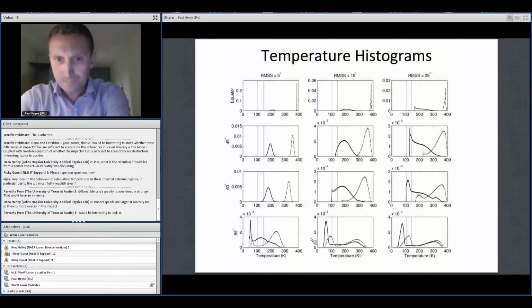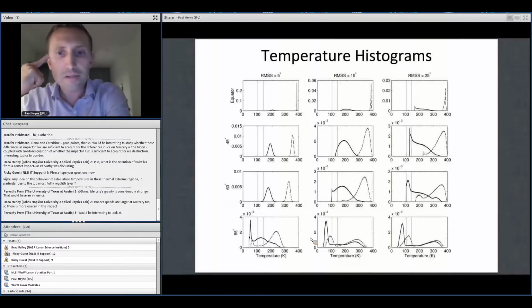And what's shown here are the annual maximum temperatures, and that's the dashed lines, and the solid lines are the annual mean temperatures. And for comparison, the two vertical lines show the two cutoff criteria that we're using, 106 K for stable surface ice for the maximum temperature, and 145 K for subsurface ice.